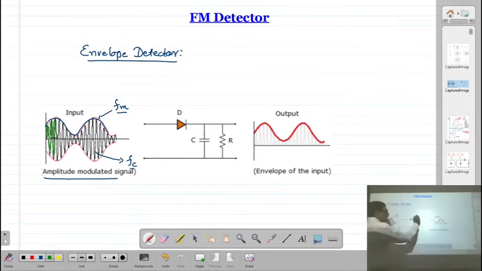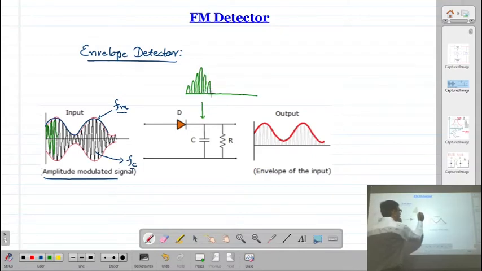So at this point, the output of the detector will be like this. The positive cycle of the carrier wave will be present only like this, and whatever the negative cycle is, it is going to be rectified. Why do we have to rectify this?